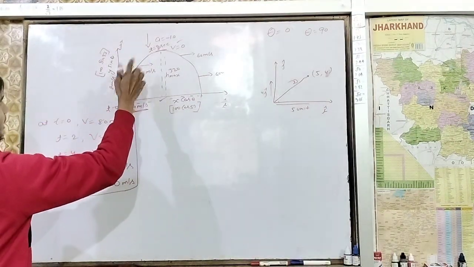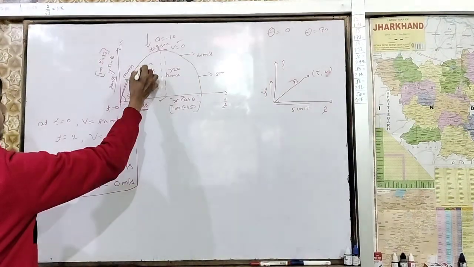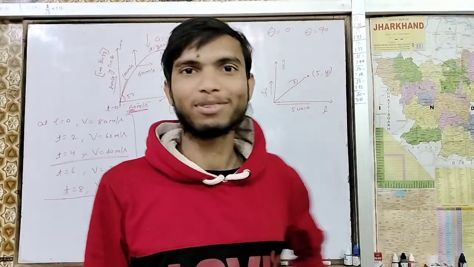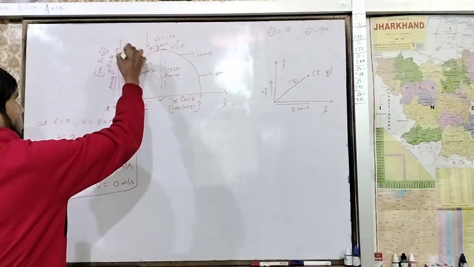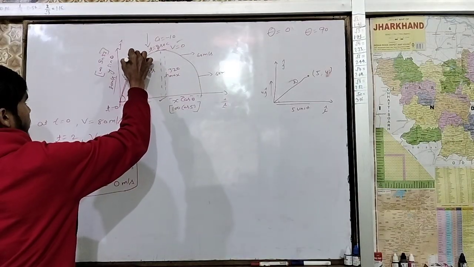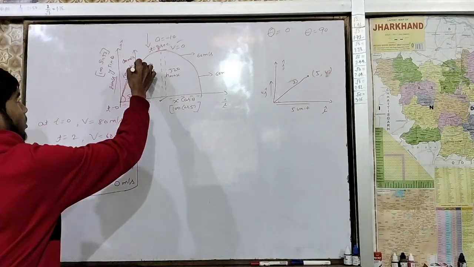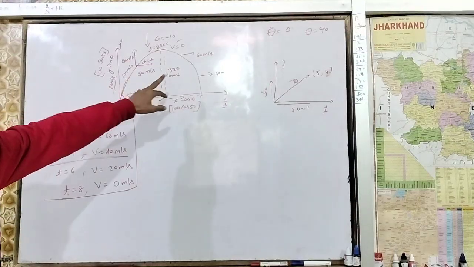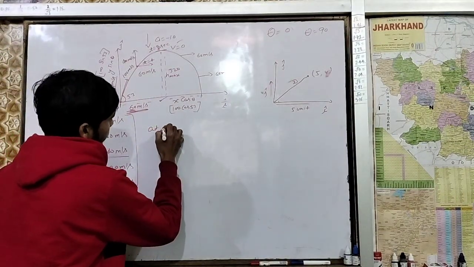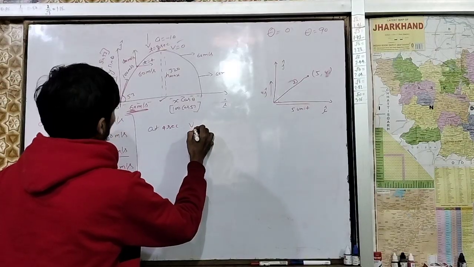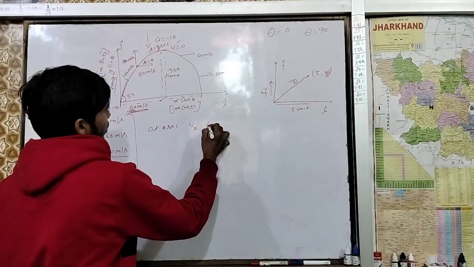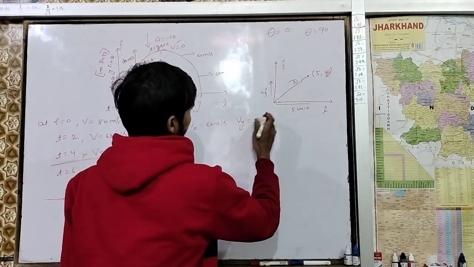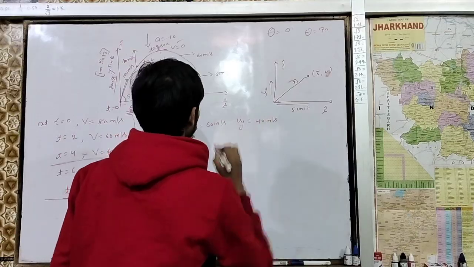But hold on, this is the Vx velocity. Vy velocity will be 40 at 4 seconds. So at 4 seconds, Vx is going to be 60 meter per second and Vy is going to be 40 meter per second. Okay.